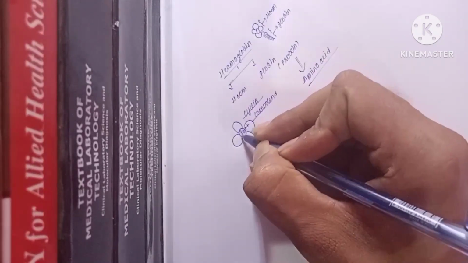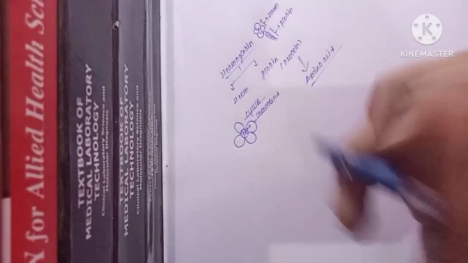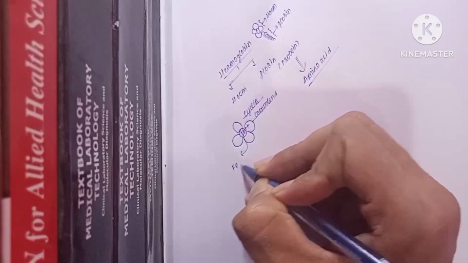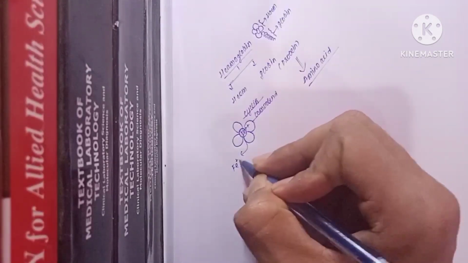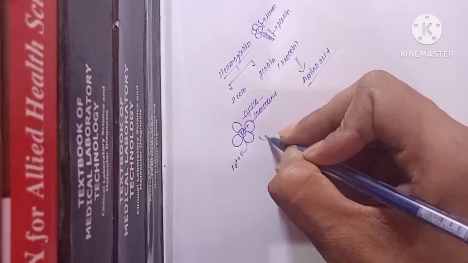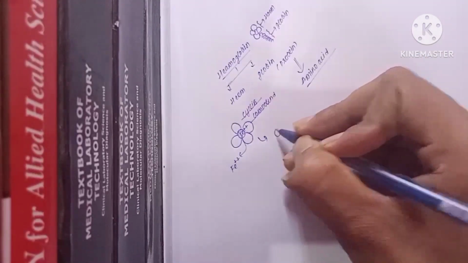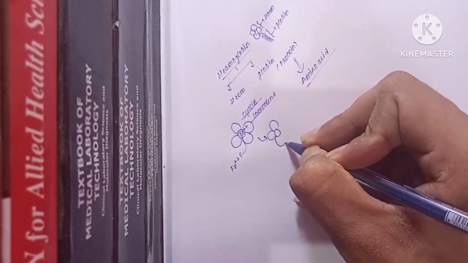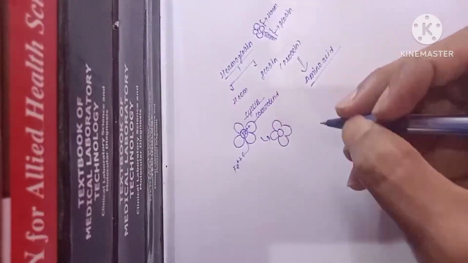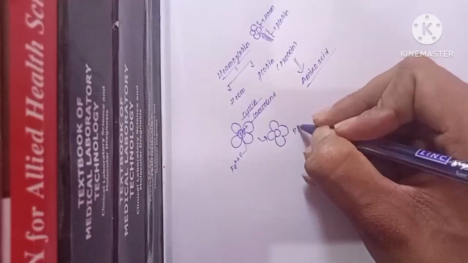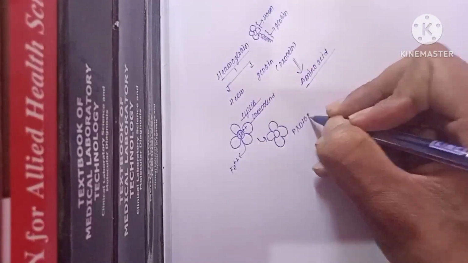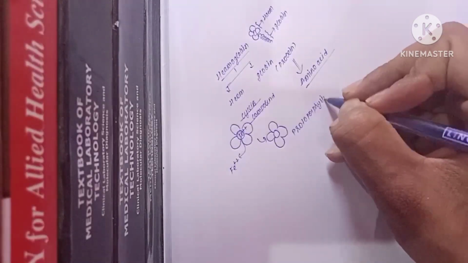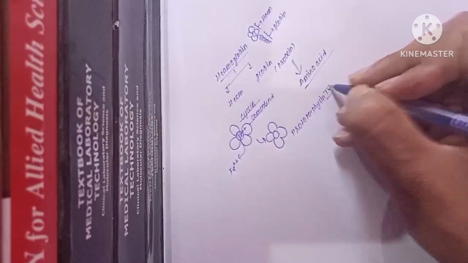If we eject the Fe2 plus ion from this heme, then the remaining compound, this flower only, is known as protoporphyrin 9.